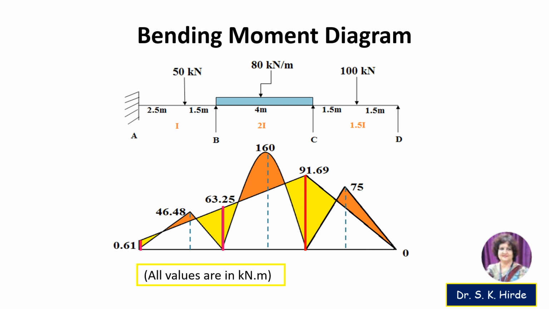Now next we will study how to draw the bending moment diagram if you solve the same problem using force method. I hope after this much explanation, now you will be able to draw bending moment diagram correctly after solving any of the continuous beam using any of the displacement method.